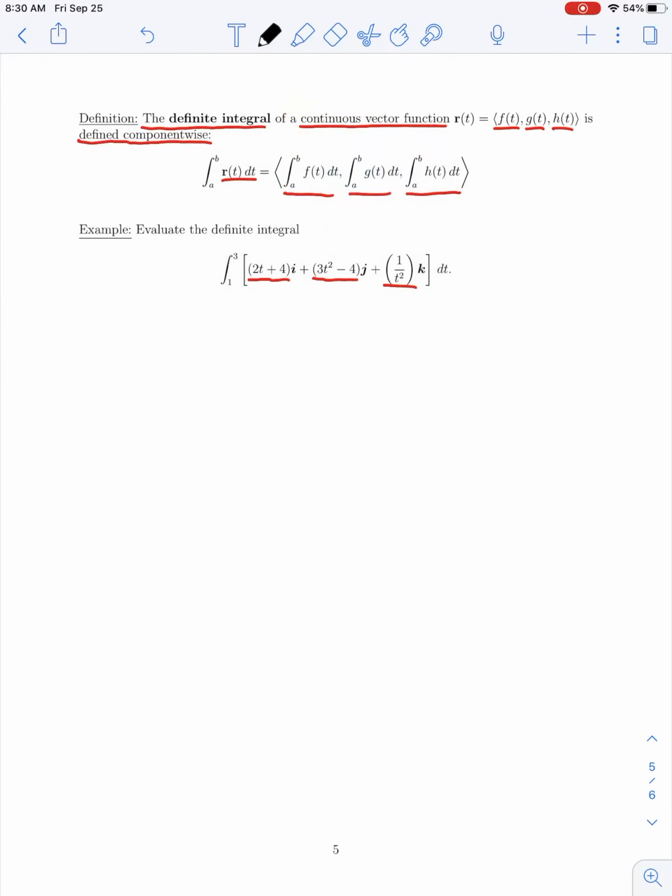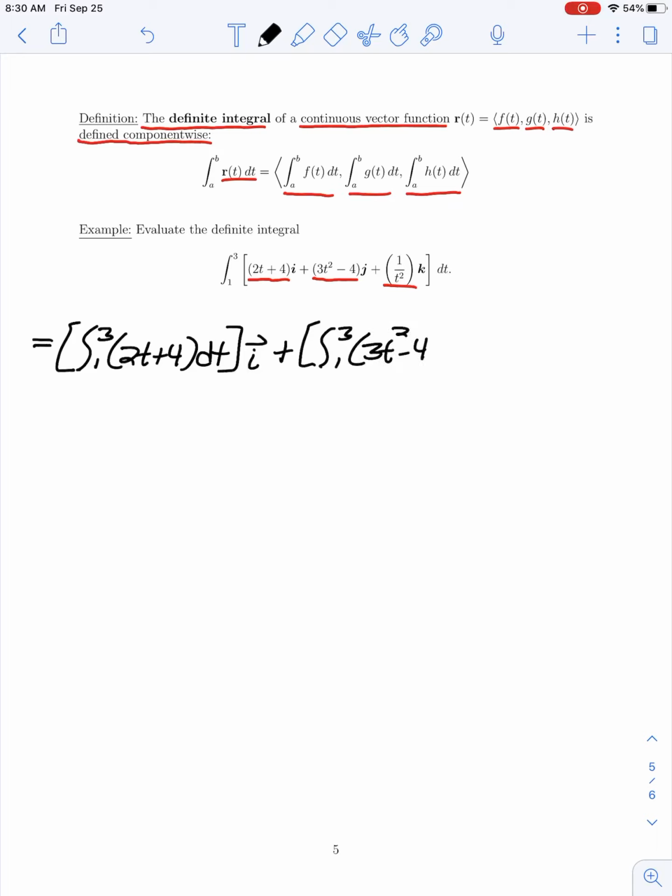So here let's consider the definite integral from 1 to 3 of 2t plus 4 dt as my i component, the definite integral from 1 to 3 of 3t squared minus 4 dt as our j component, and the definite integral from 1 to 3 of 1 over t squared dt as the k component.